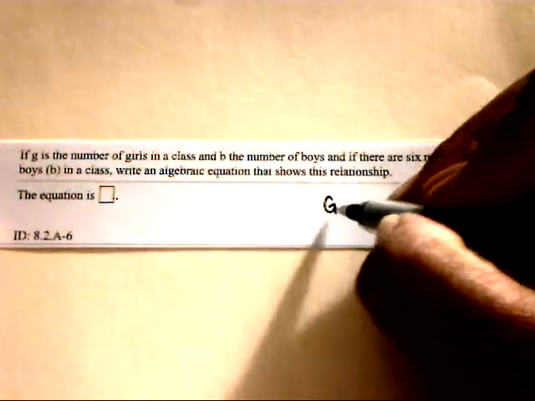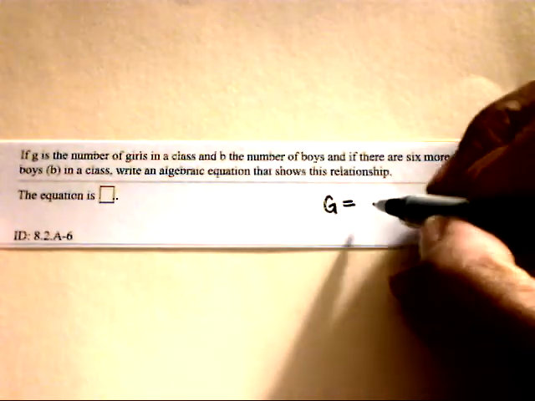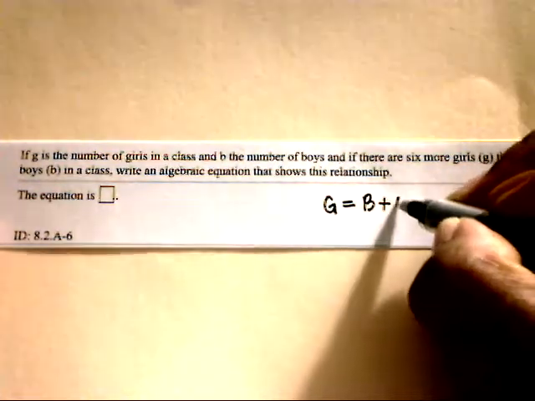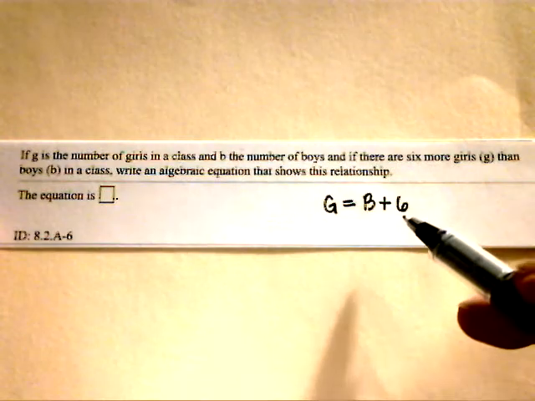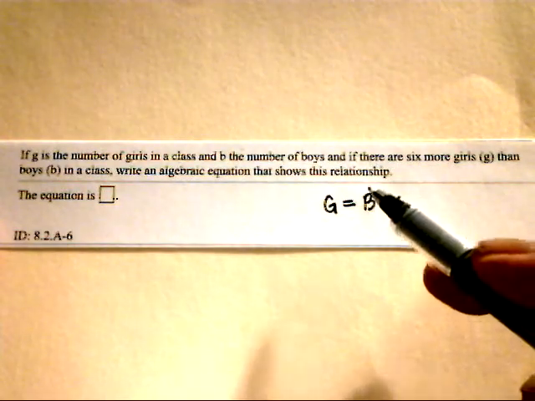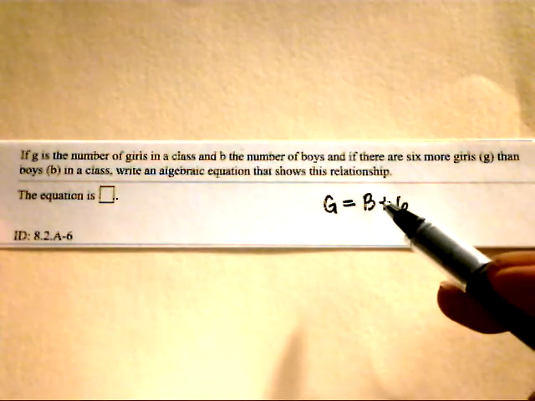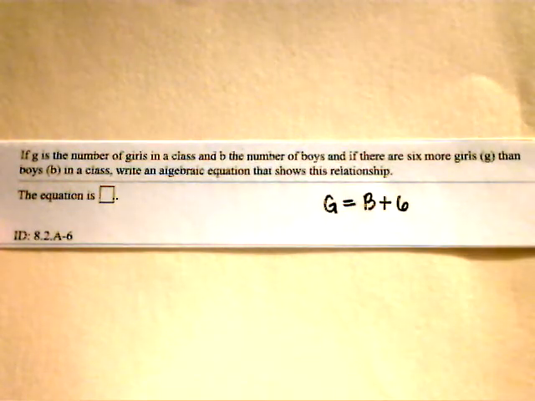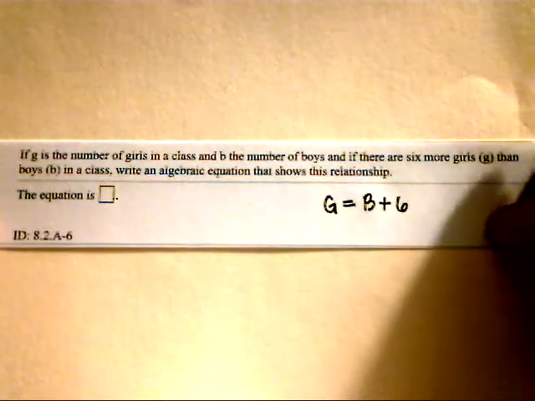So the number of girls, which is G, is equal to the number of boys plus 6, because there's 6 more girls than boys. So the equation to show that relationship will be G is equal to B plus 6.